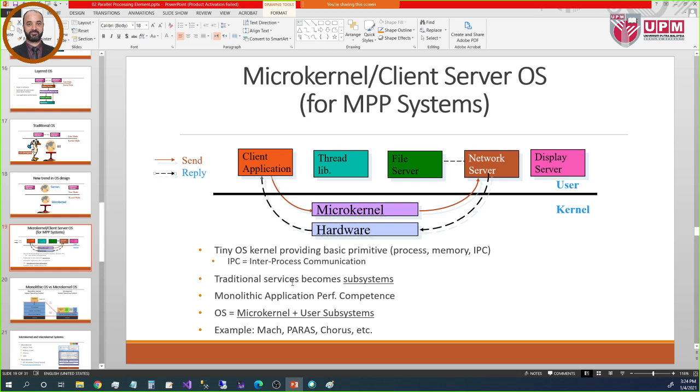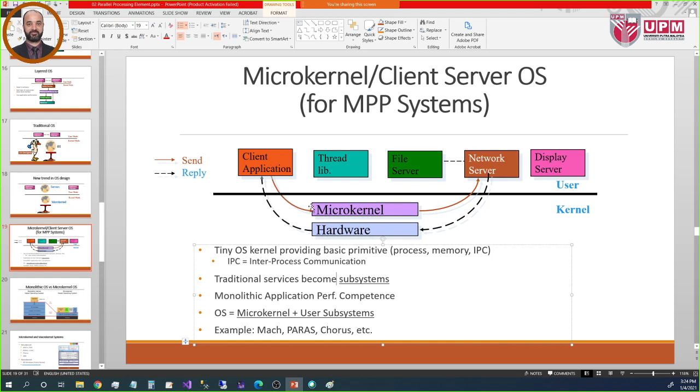So traditional services become subsystems. When we talk about a microkernel operating system, we will have that microkernel, and also a traditional operating system that is treated as a subsystem.